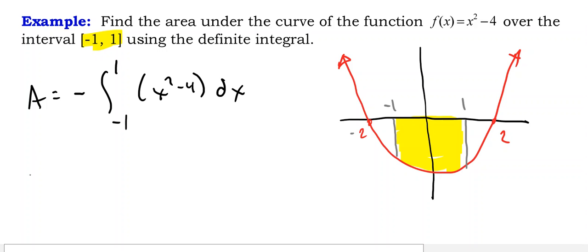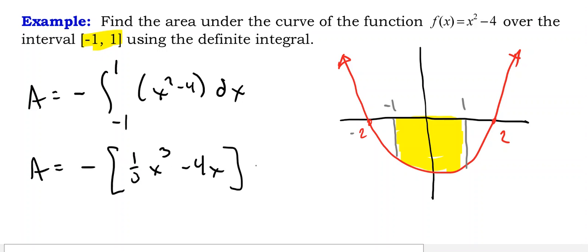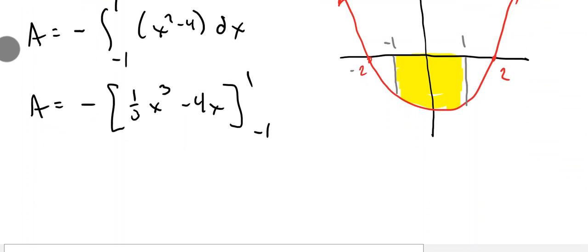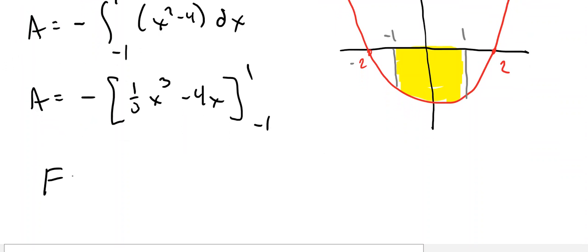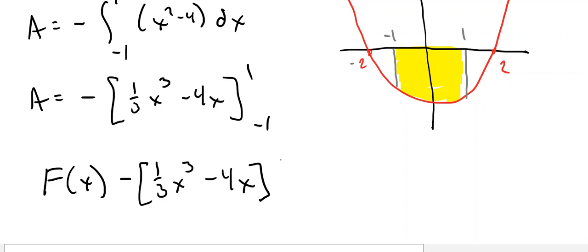So then we're going to have the negative of 1/3 x cubed minus 4x, evaluated from 1 to -1. And so when you enter this into Desmos, you're going to have f of x equal to negative 1/3 x cubed minus 4x, which you could then just distribute that negative through and make it a negative 1/3 x cubed plus 4x.